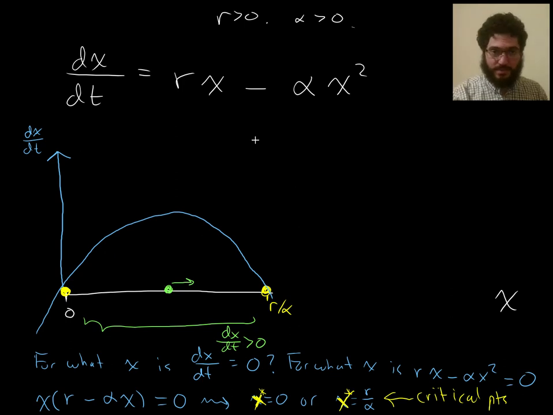In those situations, it makes sense to use the same model as this, and in those situations, this r over alpha is not going to represent the total population, so it might actually make sense to have more of a population than this number. So this will not always happen anytime you consider this model. That's just happening here in this situation.